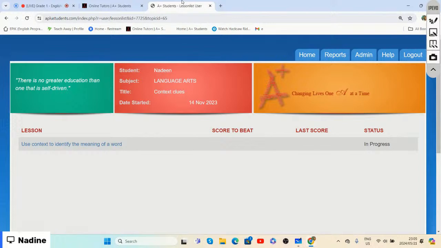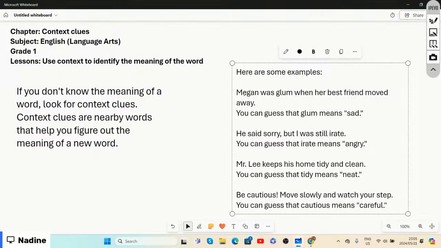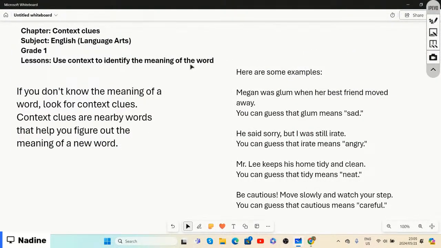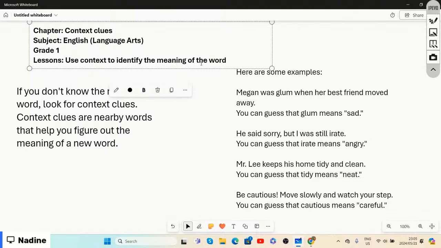All right, so we are doing context clues. Our chapter is context clues. Our subject is English Language Arts, Grade 1.